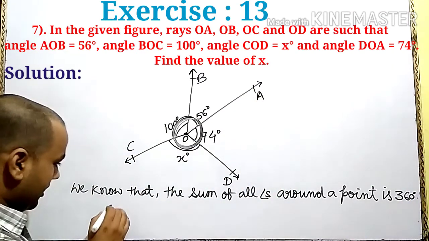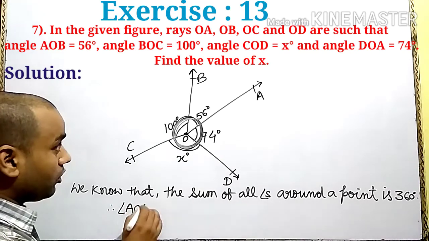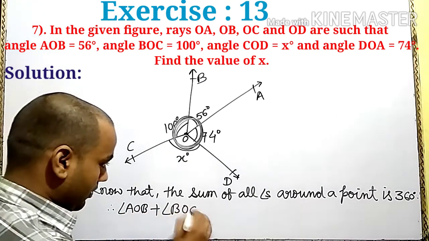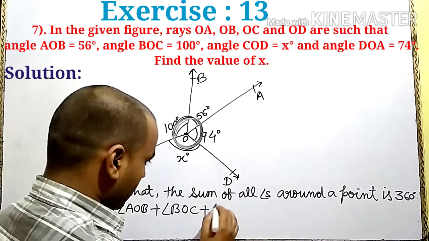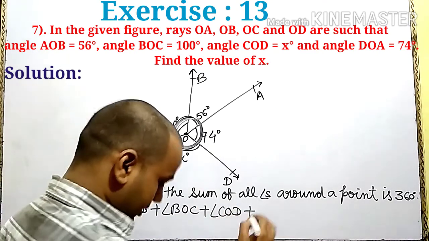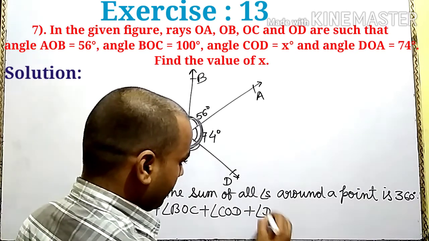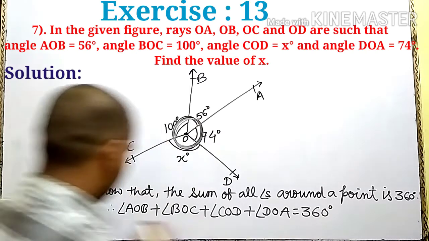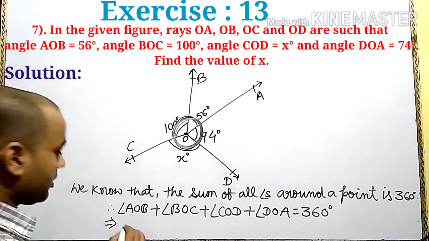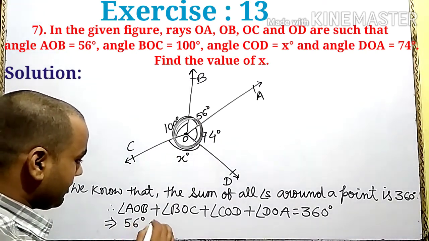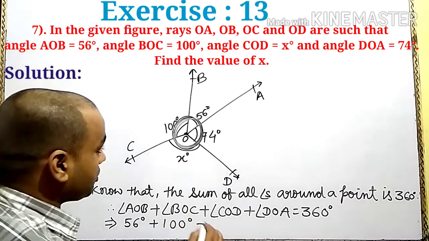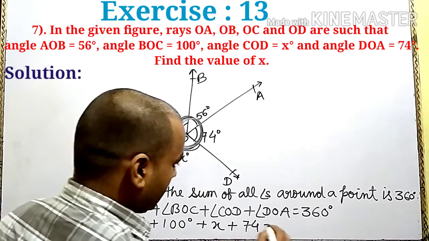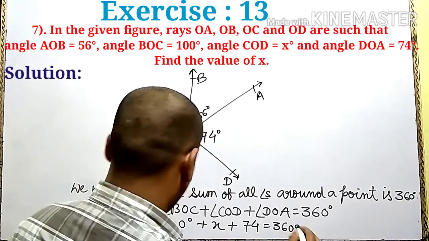Here angle AOB plus BOC plus COD plus DOA is equal to 360 degree. Here values given: AOB is equal to 56, BOC 100, COD x, DOA 74, is equal to 360.